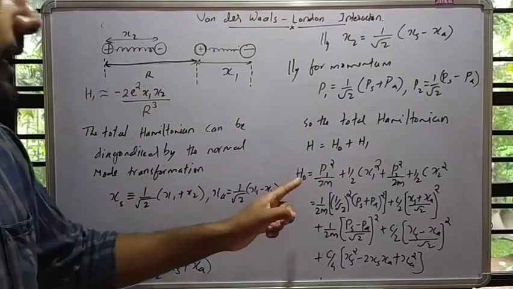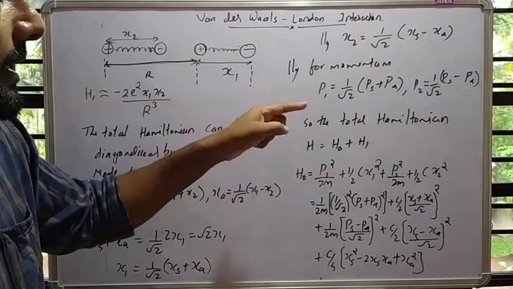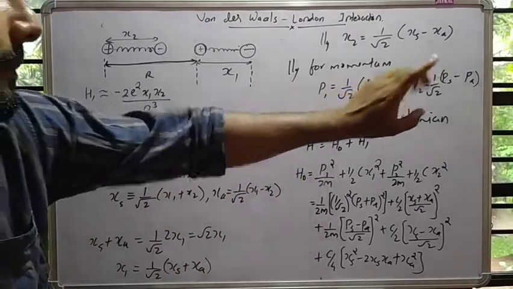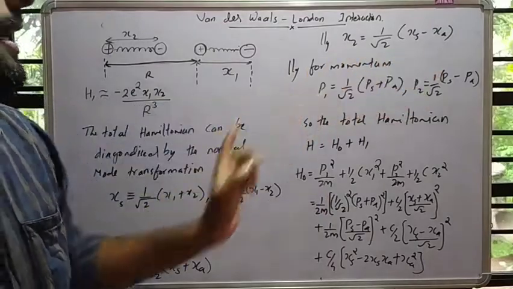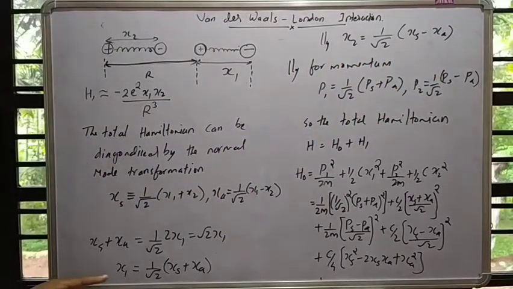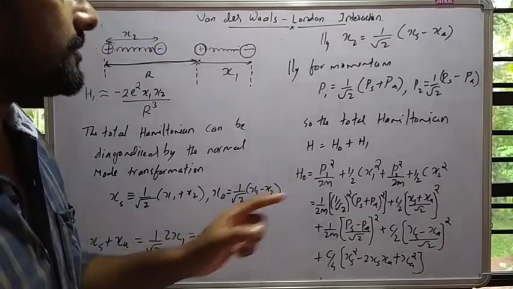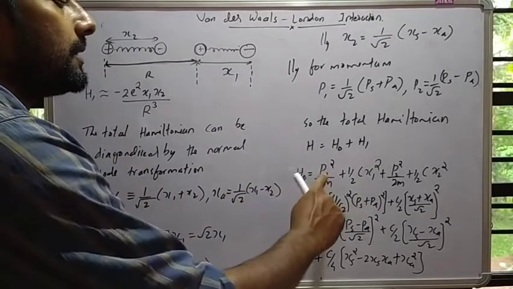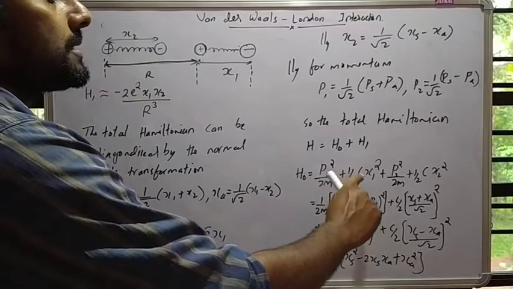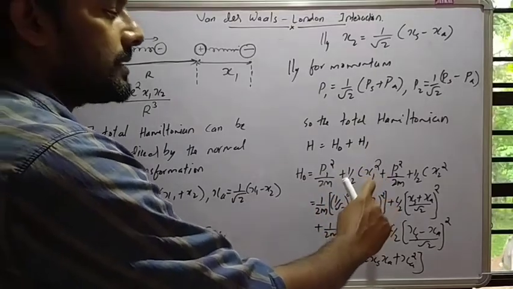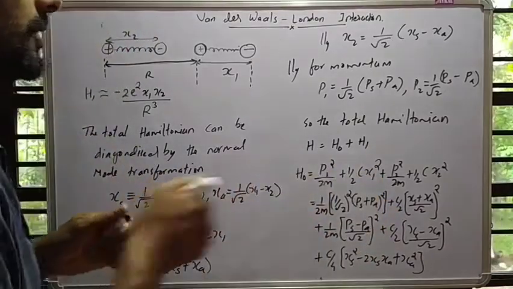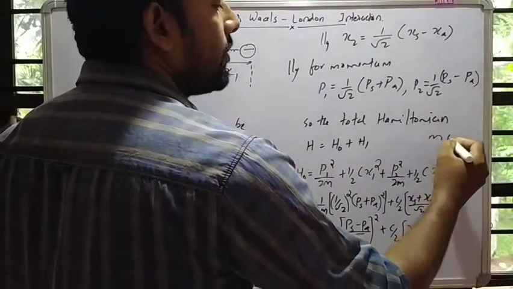So let us find H0 in terms of p_s and p_a as well as x_s and x_a. The Hamiltonian for the uncoupled oscillators is H0 equal to P1 square over 2m plus half C x1 square, where C is m omega naught square.